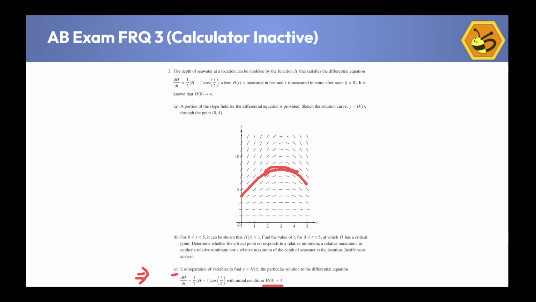Is there a poll in the chat asking whether you're ready to see a solution? So this is a hard question because we need to solve a differential equation.